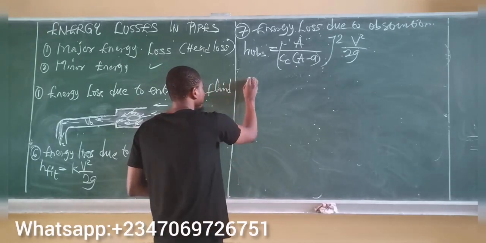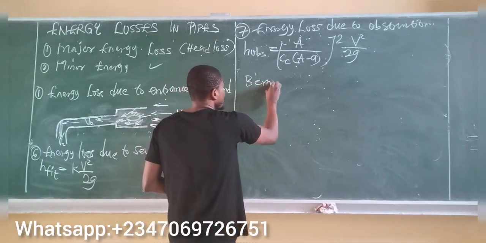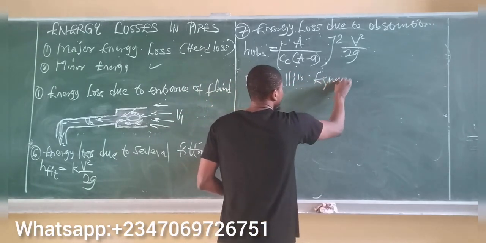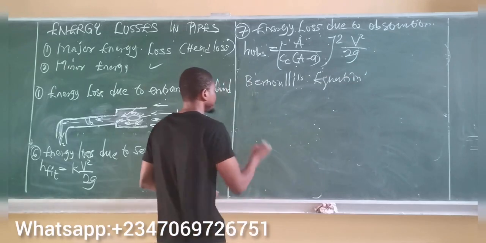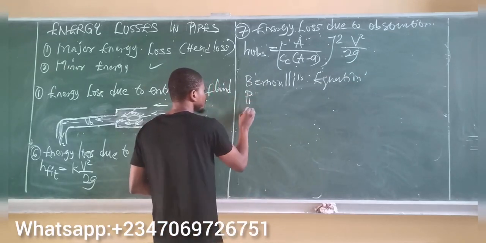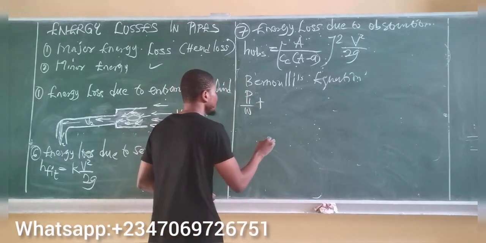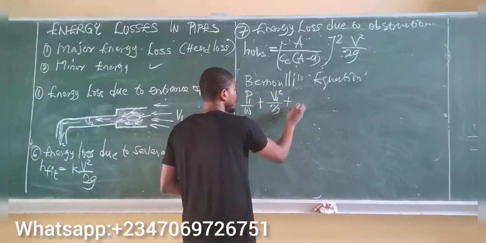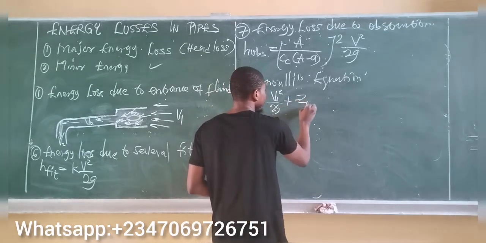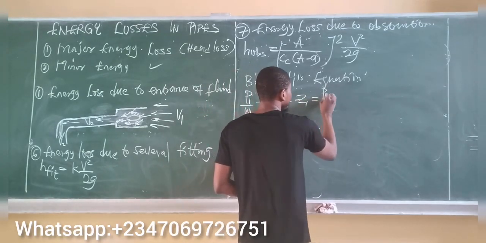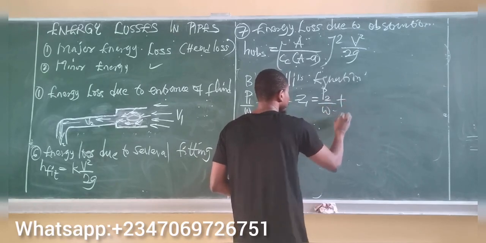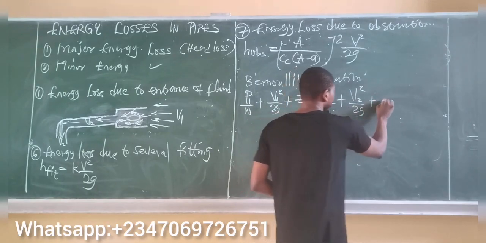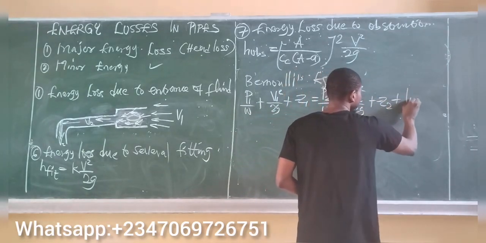But then we gave the Bernoulli's equation. We simply said the pressure head, call this P1 all over W, plus the kinetic head V1 squared all over 2G plus the potential head Z1 is equal to the pressure head P2 all over W plus the kinetic head V2 squared all over 2G plus the potential head Z2 plus losses.